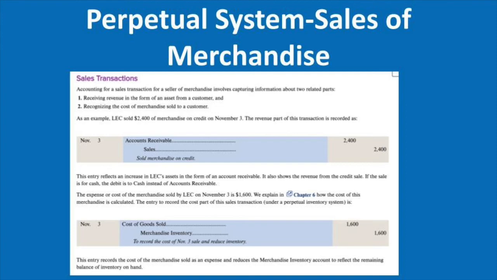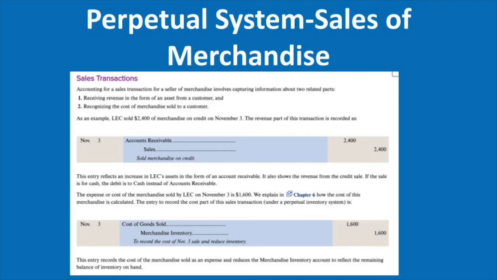Now that just reflects the sale, but what about the cost of goods sold and the effect on our inventory? Well, we have to reflect the cost of goods sold. So we debit cost of goods sold for the actual cost of those products we sold, $1,600. And merchandise inventory would be drawn down. Our merchandise inventory is an asset, so crediting it would draw it down by $1,600.